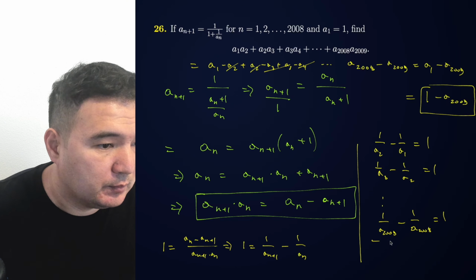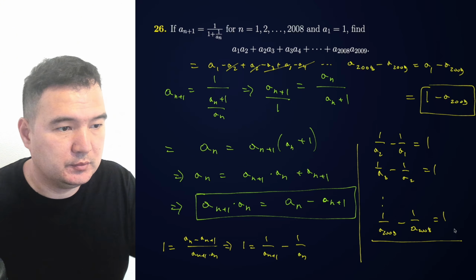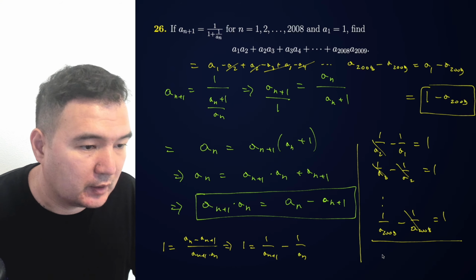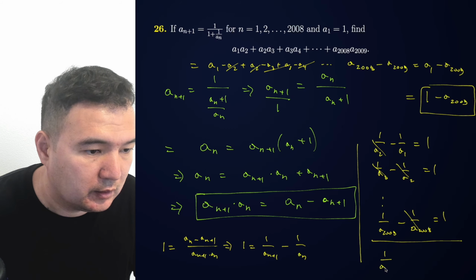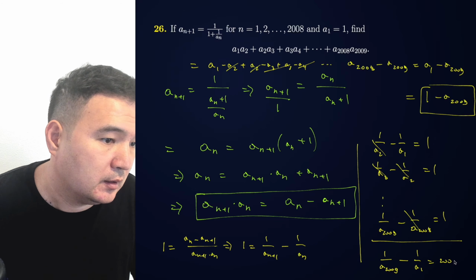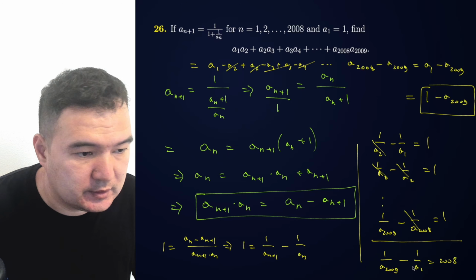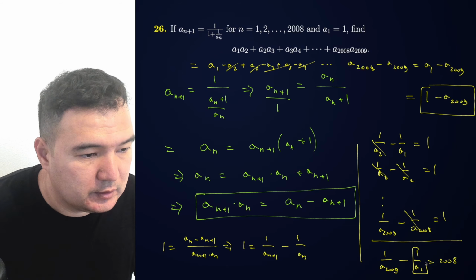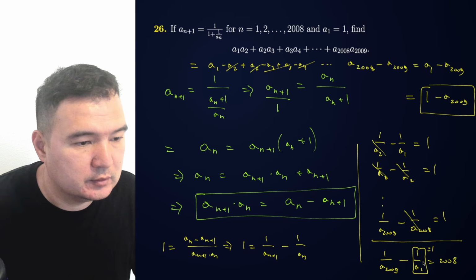If I add them all by column, I'll get these cancelled out. I'll have at the end 1 over A2009 minus 1 over A1 is equal to 2008. Since A1 is 1, this expression is equal to 1.